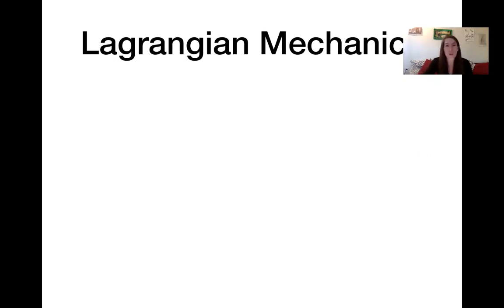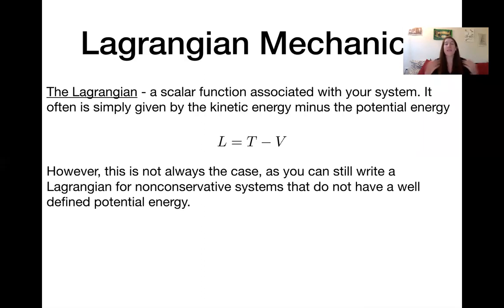So the first new word that you need to know is the Lagrangian. The Lagrangian is really going to be our primary quantity of interest. Now here I say that it's a scalar function associated with your system, and often you can calculate it by simply taking the kinetic energy minus the potential energy.